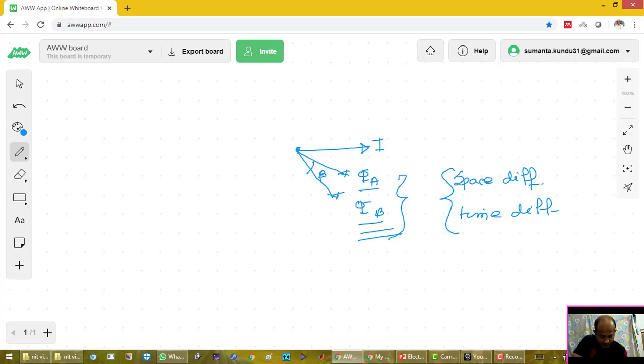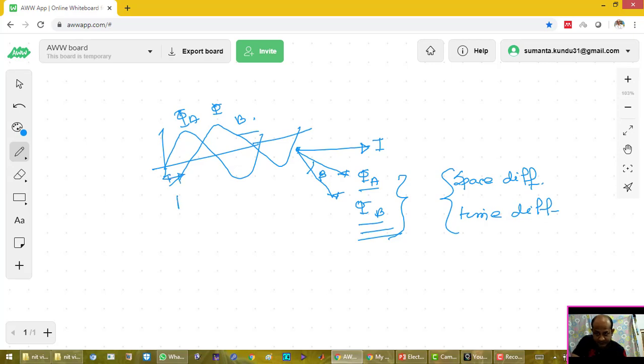So phi A will reach its peak first, and after that phi B will reach its peak. This is my phi A, this is my phi B after beta angle. So after beta angle phi B will reach its peak.